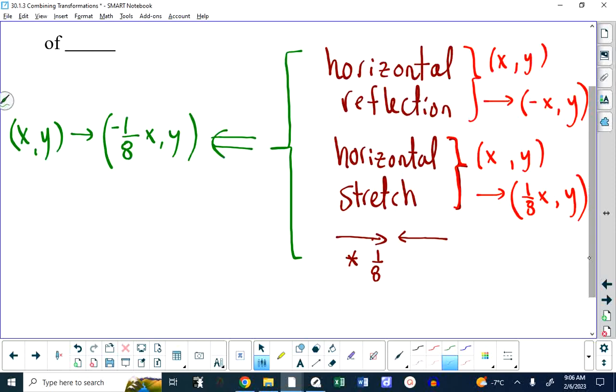It has to be that x is multiplied by -1, and it also has to be multiplied by 1/8. And I kind of stumbled and hesitated there, because I've told you that the mapping when b is involved, everyone, is this.